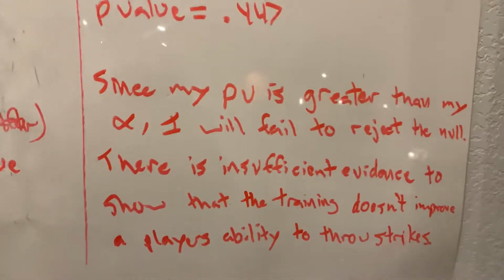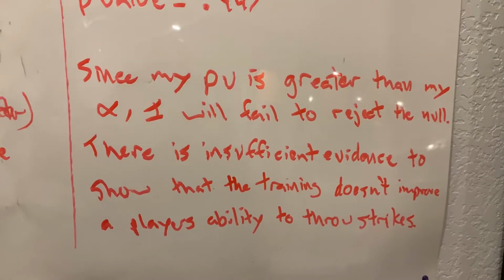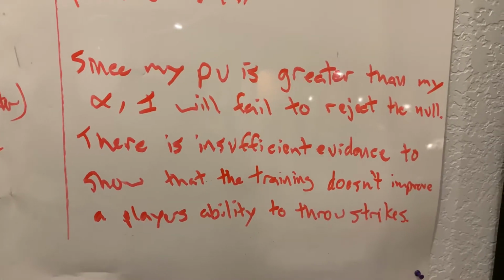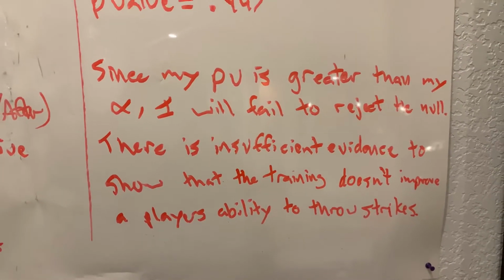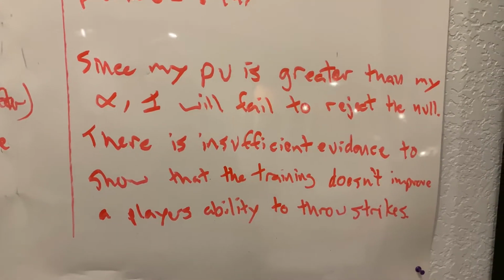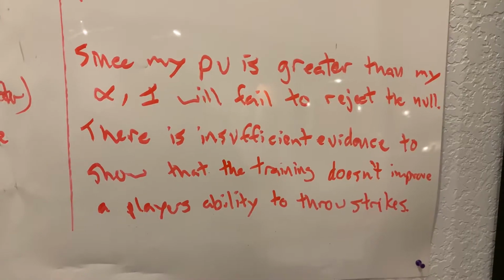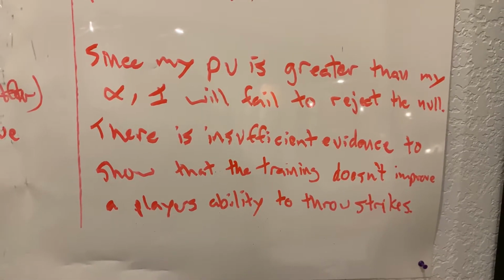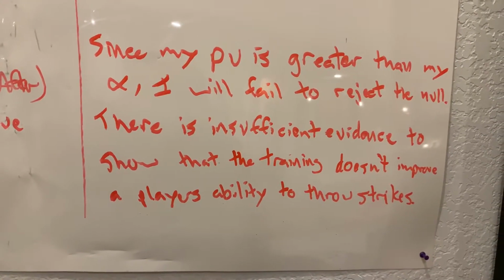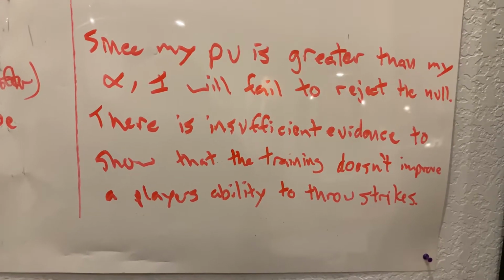So obviously, what am I gonna do? Since my p-value is greater than my alpha, I will fail to reject the null. There is insufficient evidence to show that the training improves the player's ability to throw strikes.